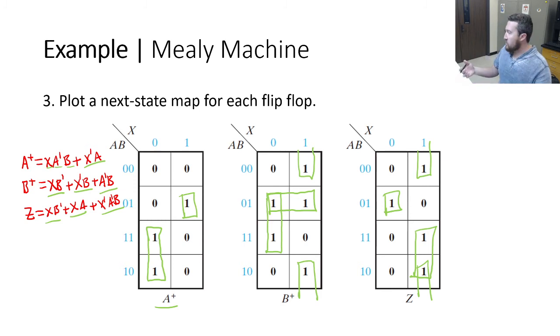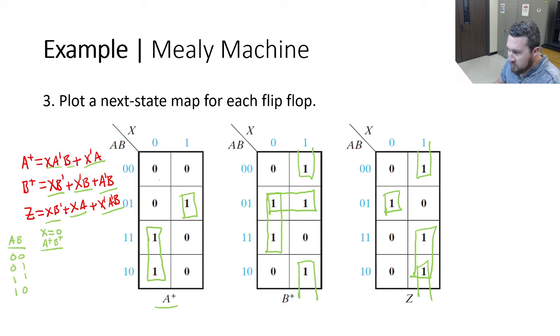Now from there, we should already kind of know what's going to happen. I'm going to do it right over here in the corner. If we have A and B, it's going to be 0, 0, 0, 1, 1, 1, and 1, 0. And if we have X equals 0, A plus, B plus.